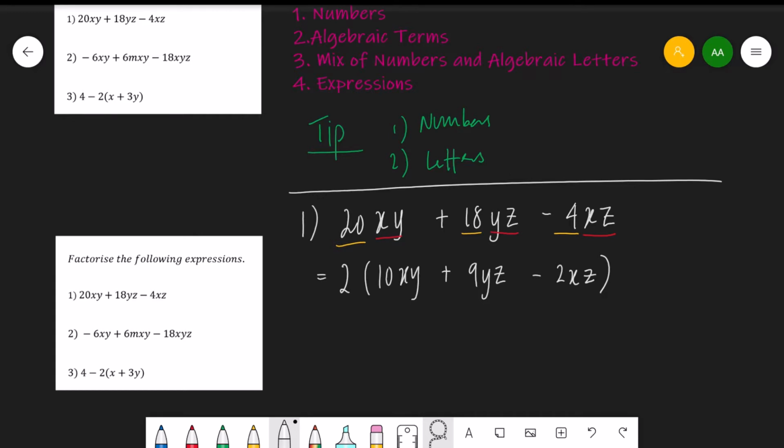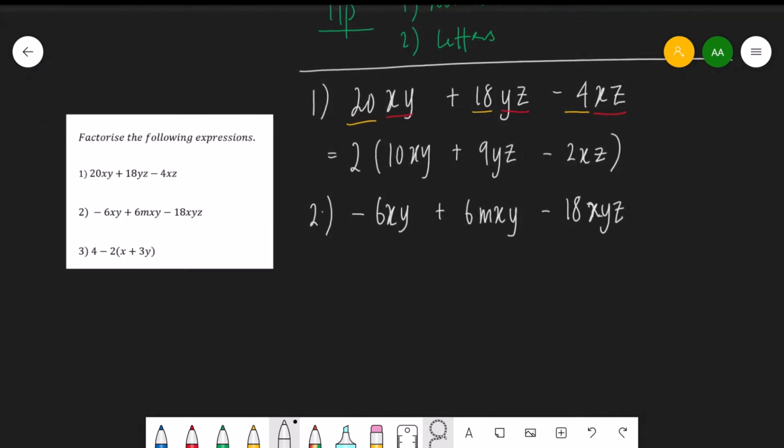Okay, let's look at number 2. We have negative 6xy plus 6mxy minus 18xyz. Okay, another time we have three terms here.